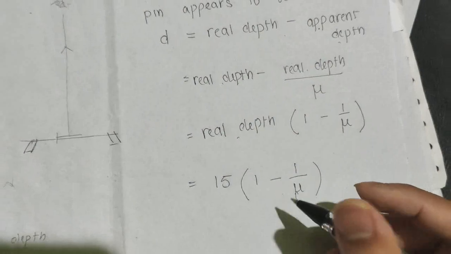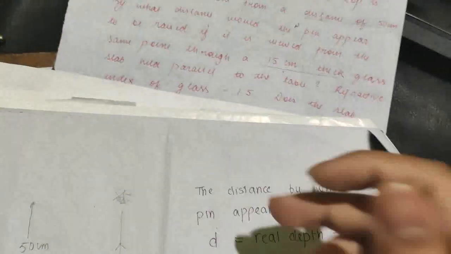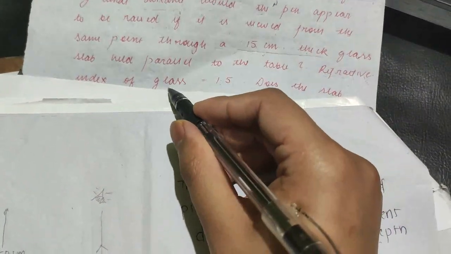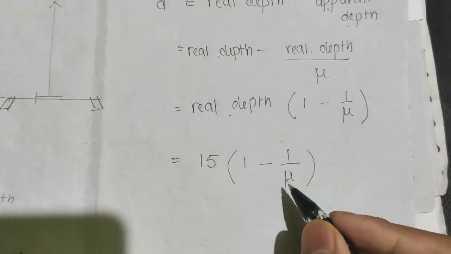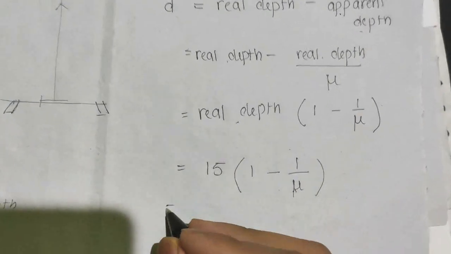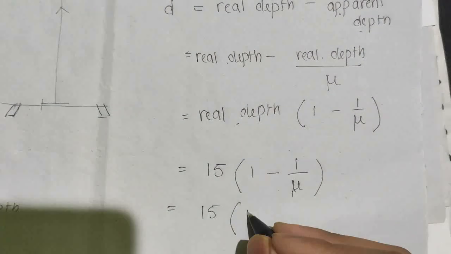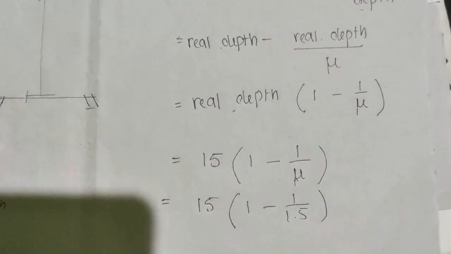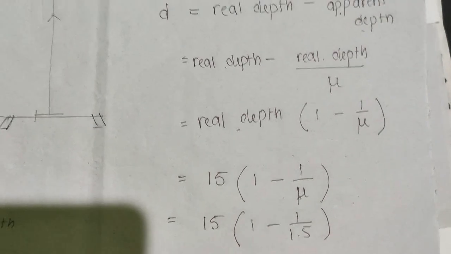In the question they have already given the value of the refractive index. The refractive index of the glass slab is 1.5. So underline 1.5. I will substitute the value here: 1 minus 1 by 1.5. Clear? Now let's do the calculation.